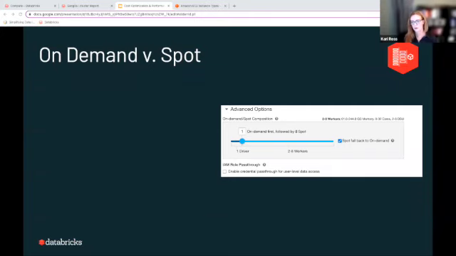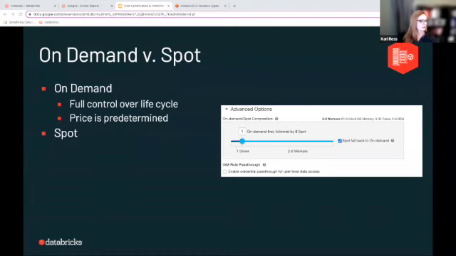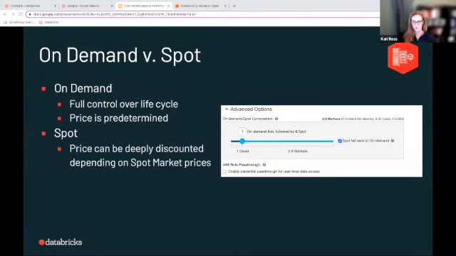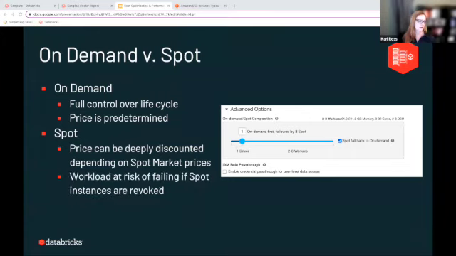Your big risk is your workload could fail if spot instances are revoked. You can see on the different cloud vendor sites what their prices are and how they're discounted by time of day and such things.